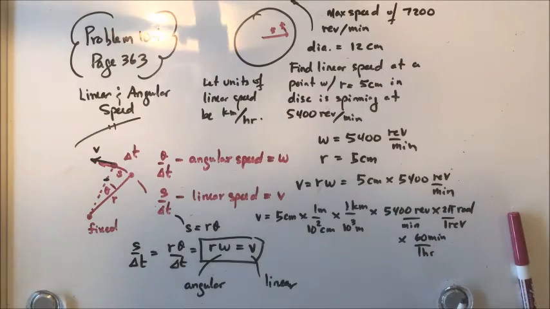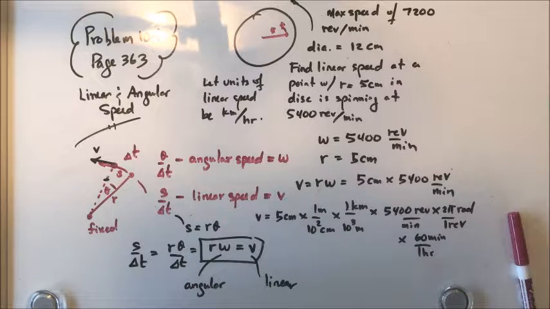So if I can cleverly figure out what these things are, I've got 5 over 10 to the 5th times 5,400 times 2 pi times 60.